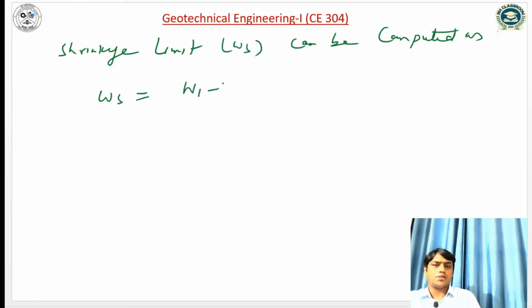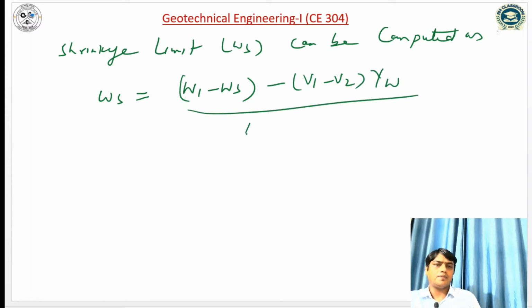So (W1 - WS) - (V1 - V2) γW divided by WS.